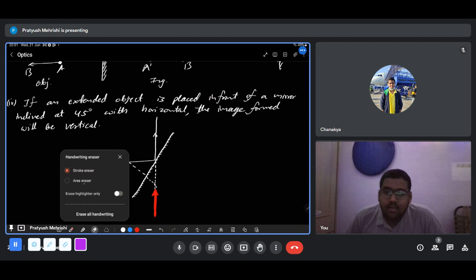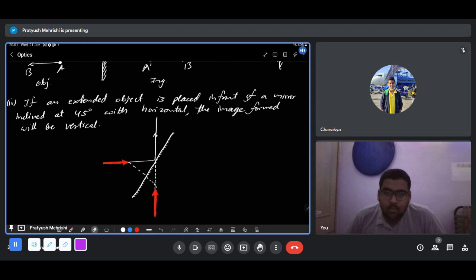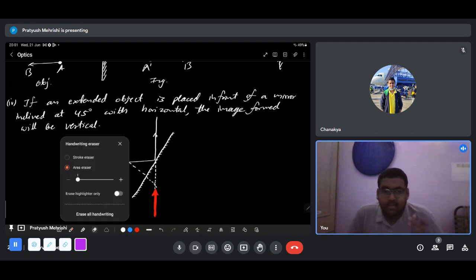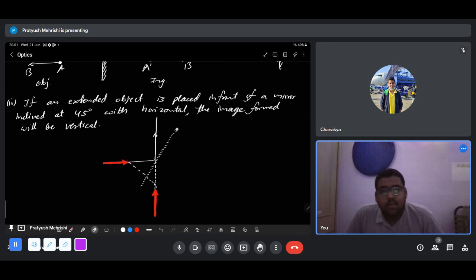But in this case, it is not getting satisfied. No, it is satisfied. It is still satisfying. So if you assume the mirror is in a straight line, and the object is inclined at 45 degrees, then the image will show vertical motion. Then how can the distances be equal?